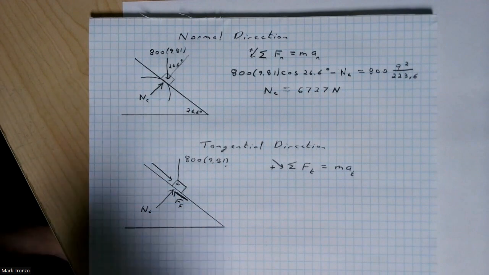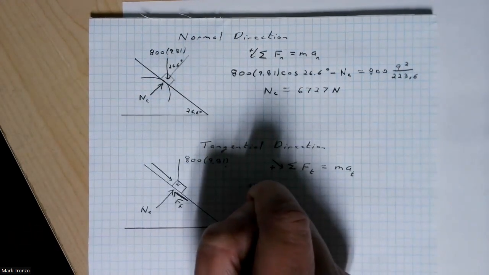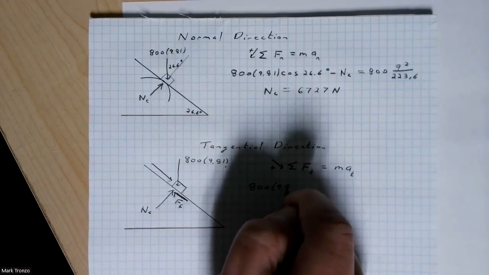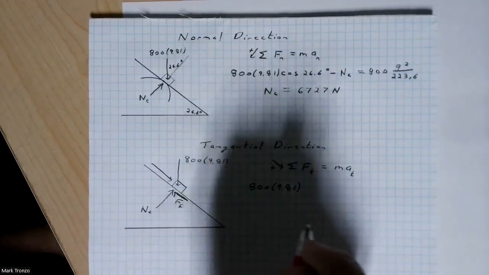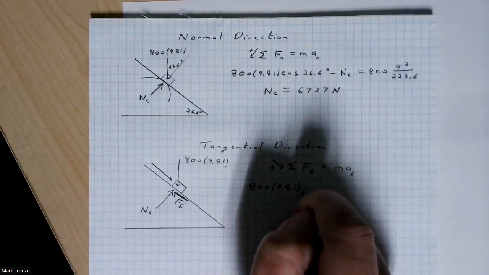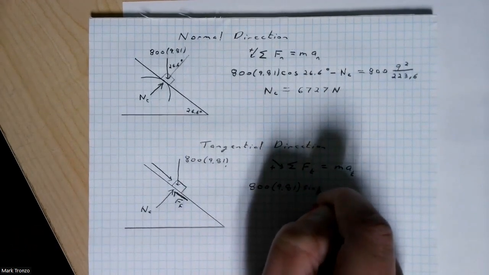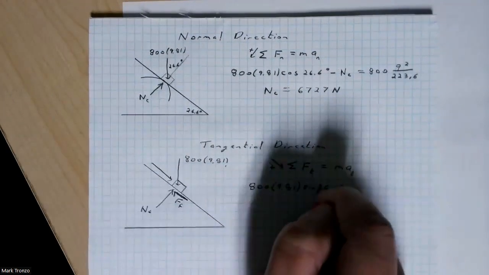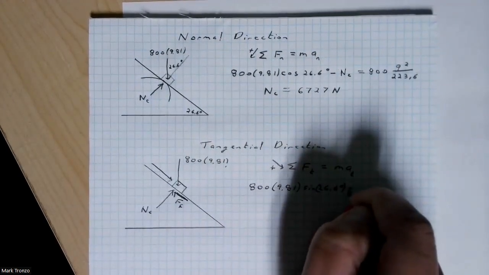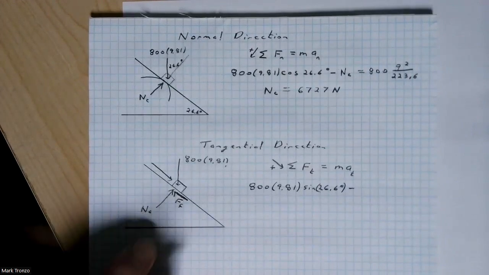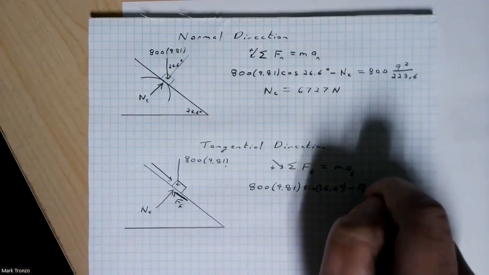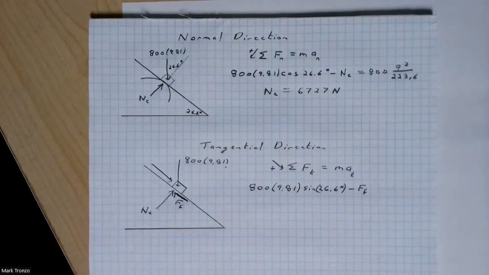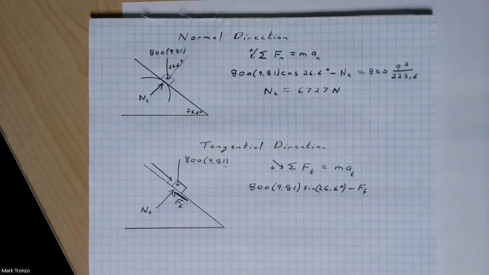So let's sum those up. We'll have 800 times 9.81 times sine of 26.6 degrees minus the friction force, F, going to oppose it. Those are really the only forces we have.